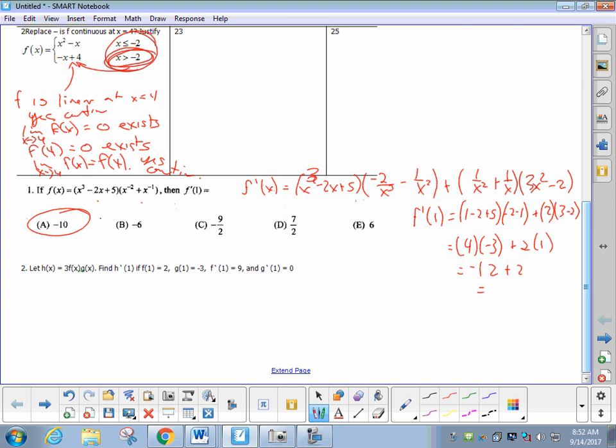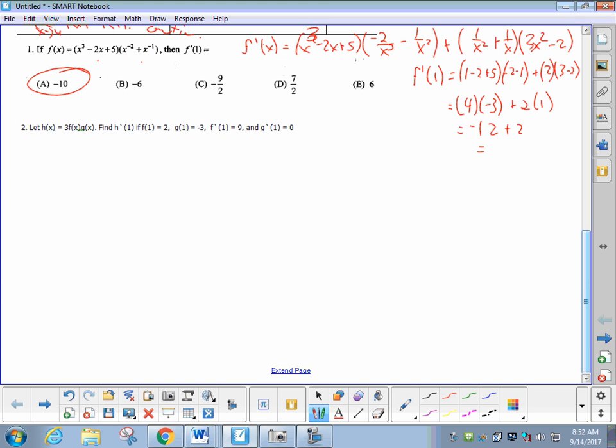If you got this without doing this, that's fine. But don't try and do it all at once. That's where most people make a mistake. I would just lay out my plan here. If I want the derivative at 1, first of all, let's find the derivative at x. Don't worry about 1 yet. Find the derivative generally.